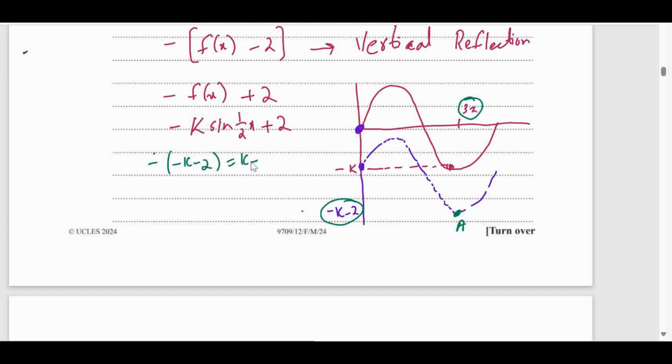So this will become k plus 2. This will be the y coordinate. So the final answer will be, the coordinates of A will be 3 pi and k plus 2. This will be the final answer. I hope that the concept is clear.